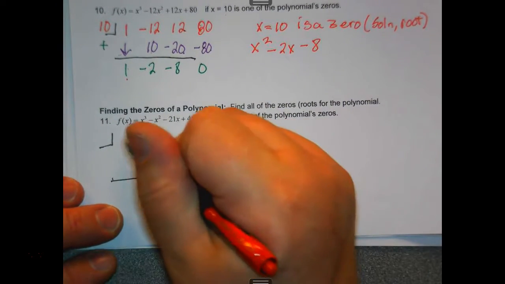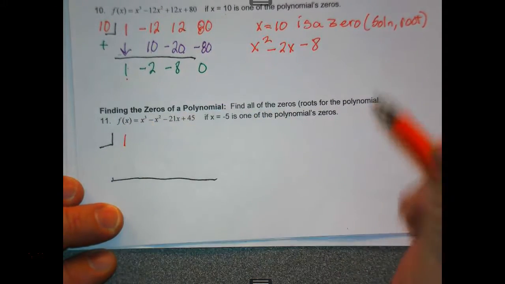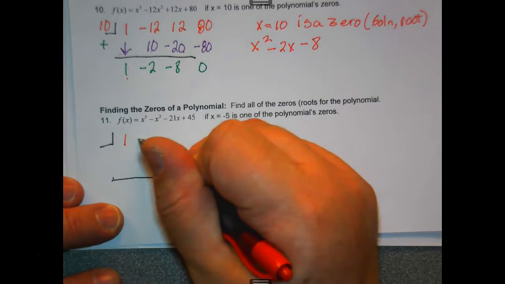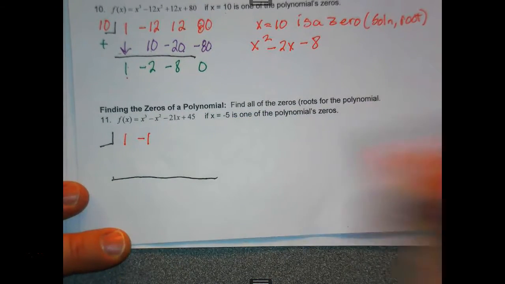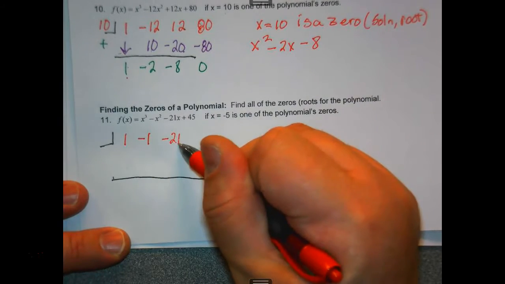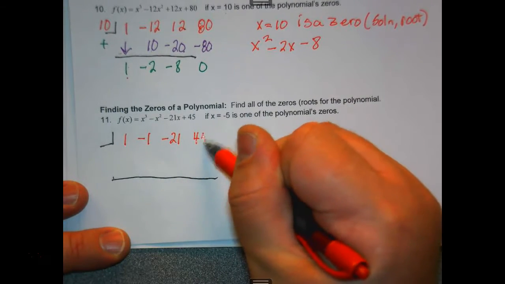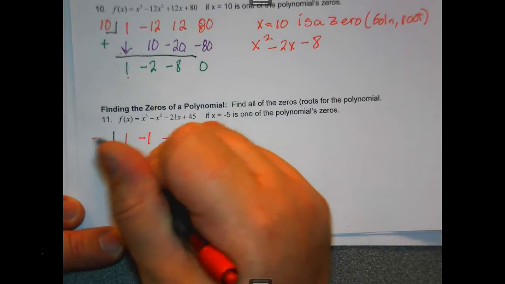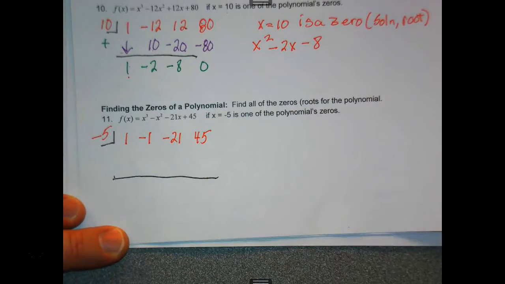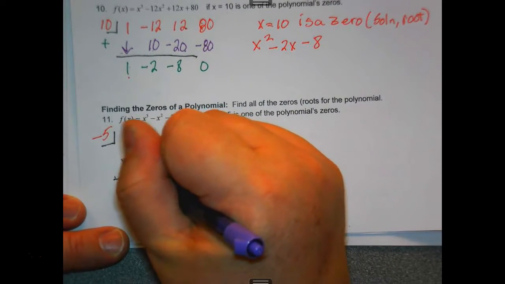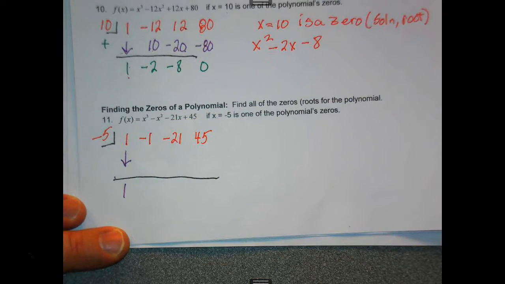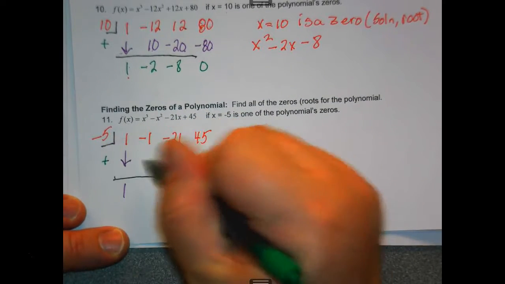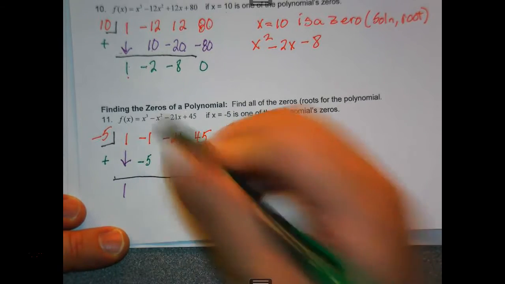Coefficient of x cubed. Coefficient of x squared. Coefficient of x to the first. And my constant? What am I dividing it by? Bring down the 1. 1 times negative 5. Negative 5 plus negative 1.